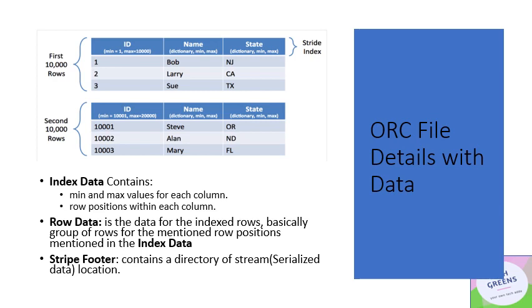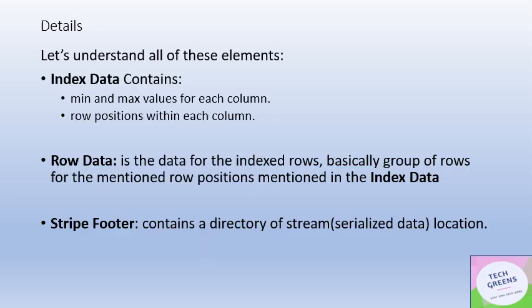The stripe footer actually contains a directory of stream locations. A stream is nothing but your serialized data: whatever data you have in your table, the serialized representation of that data is called a stream, and the stripe footer contains the directory of those serialized data locations, right? Now again, we'll discuss the details of a particular stripe.